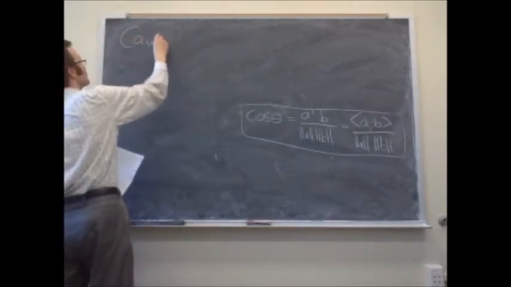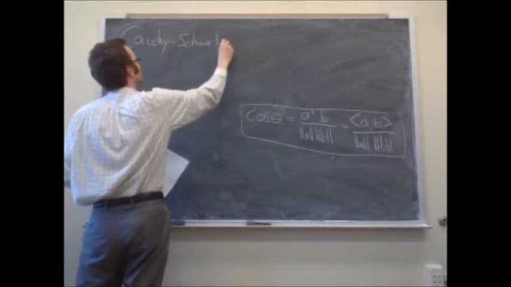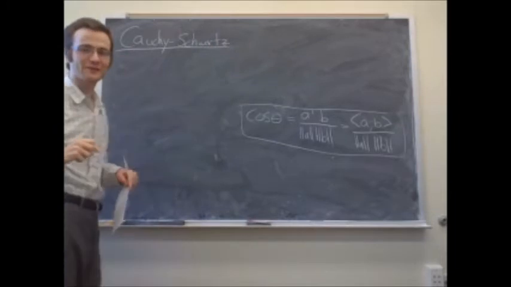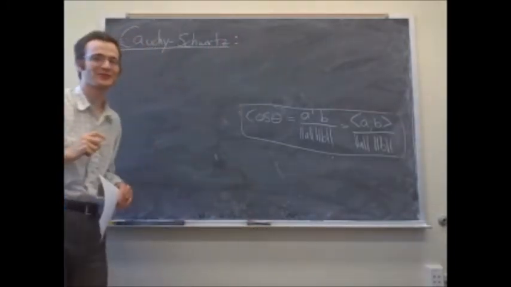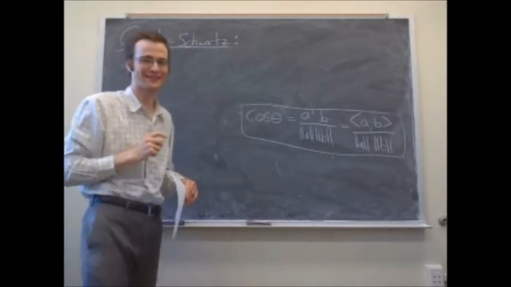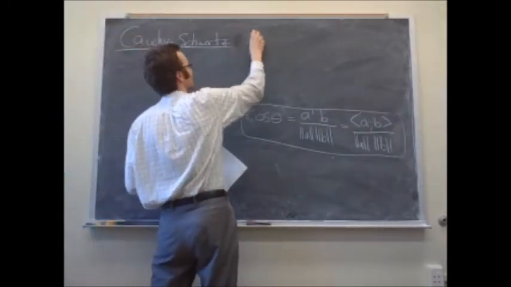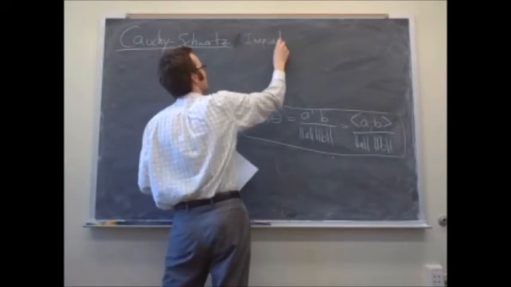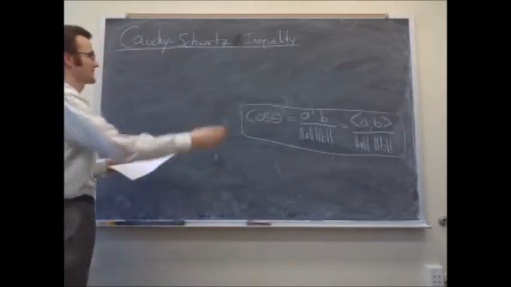This is called Cauchy-Schwarz. I have no idea if Cauchy or Schwarz came up with this. There are a few theorems ascribed to people who never actually did the thing that the theorems say. But this is the Cauchy-Schwarz inequality.